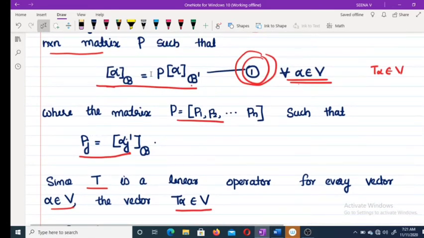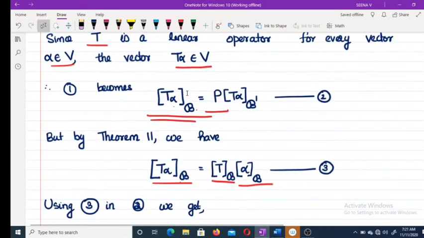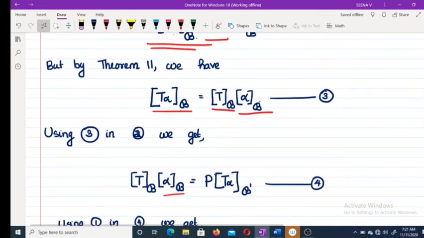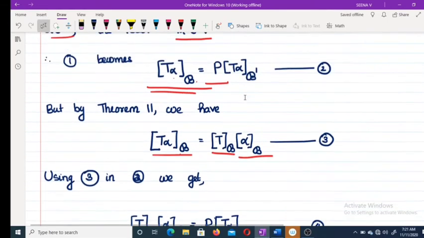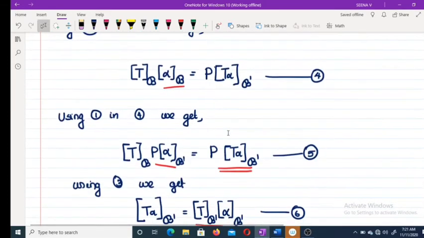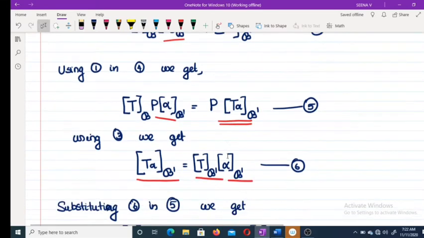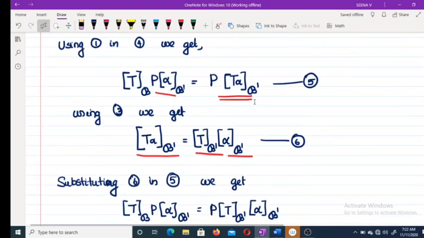Once again, we have this result, and applying this result for T alpha, as T alpha also belongs to V, we have this result. So applying yesterday's theorem, we have this result, and you put this here in this equation. Then replace this by our P into matrix of alpha related to B dash, and then apply yesterday's theorem to here.